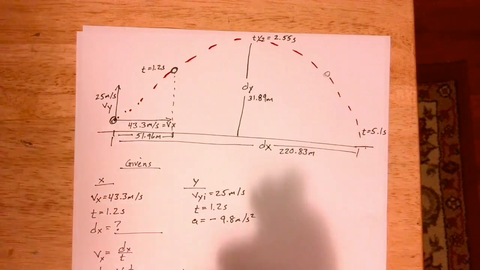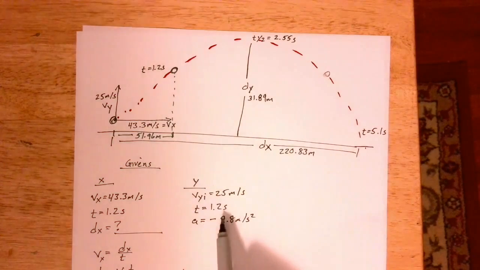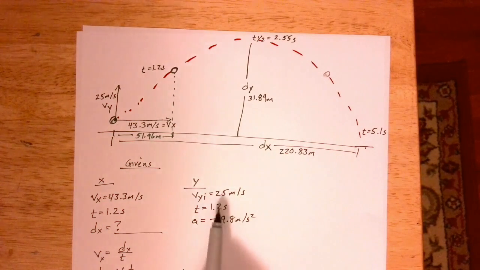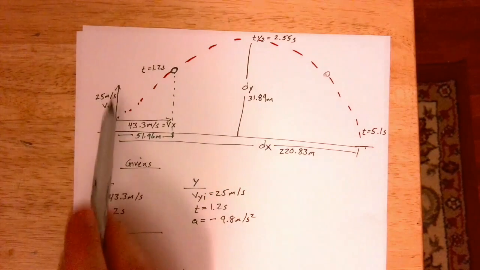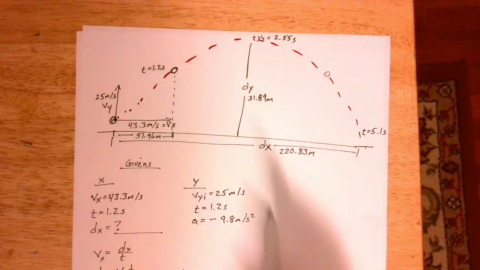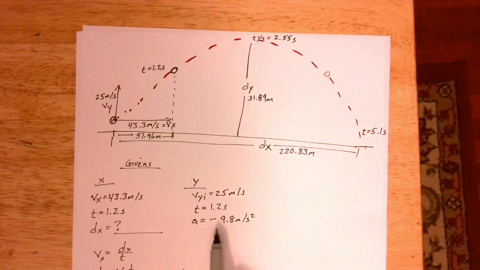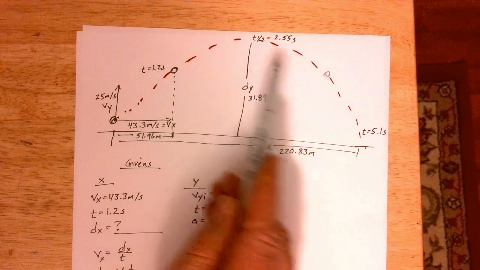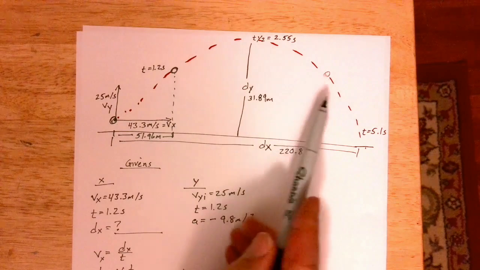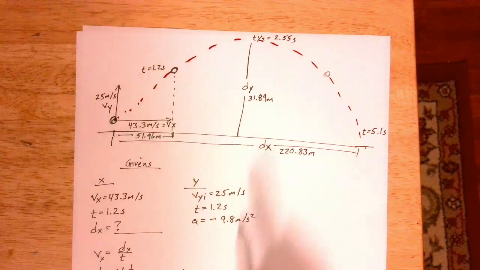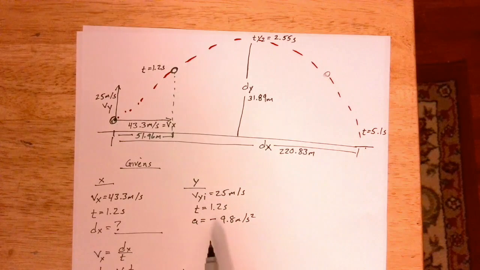Now, let me also point something out to you here too. Because it's first going up at 25 meters per second, going upward, we do know the direction of this. And because it's going against gravity, it's always going to be negative 9.8. And even though it's coming back down, it's going to be accelerating positive 9.8 on the way back down, you'll still keep this as negative 9.8.